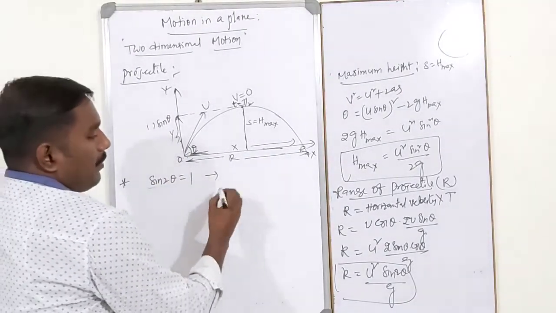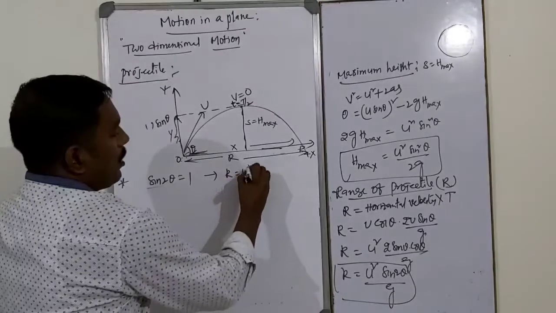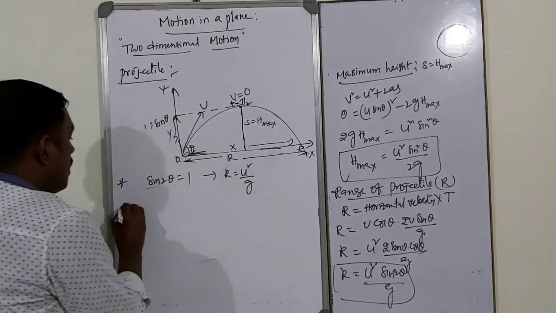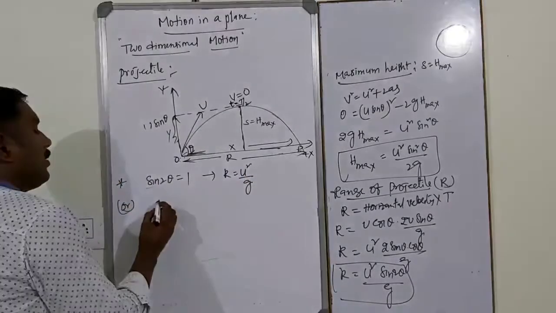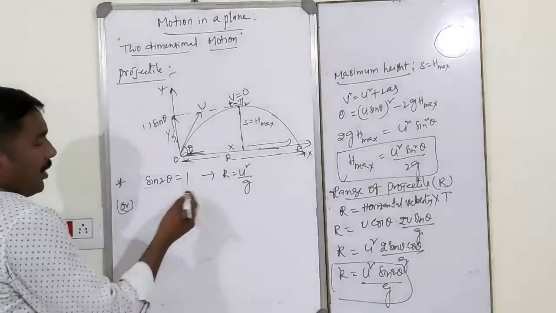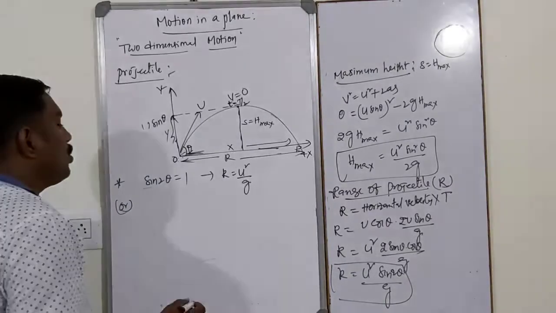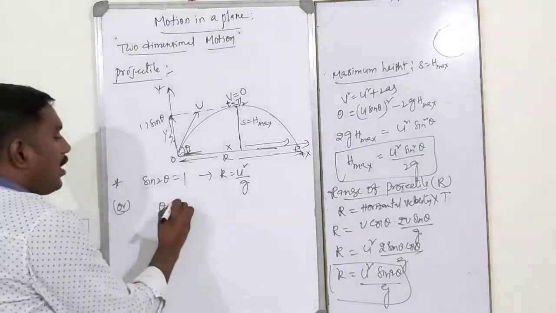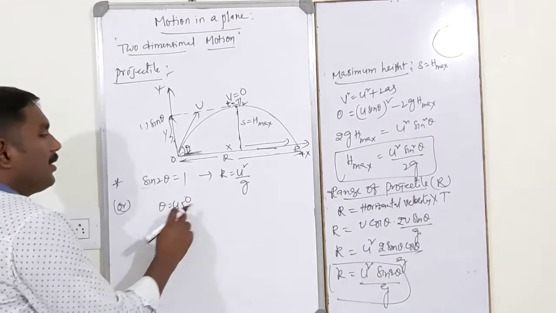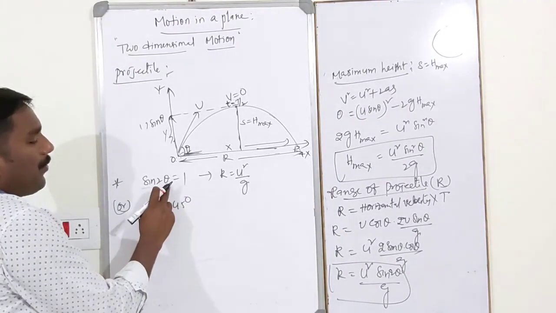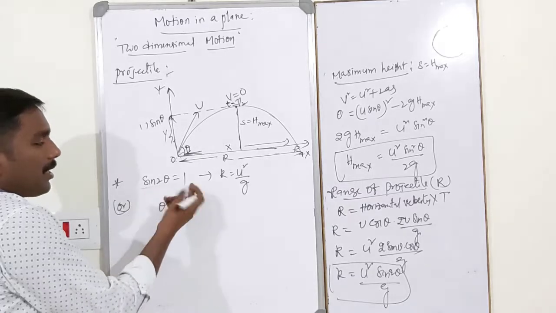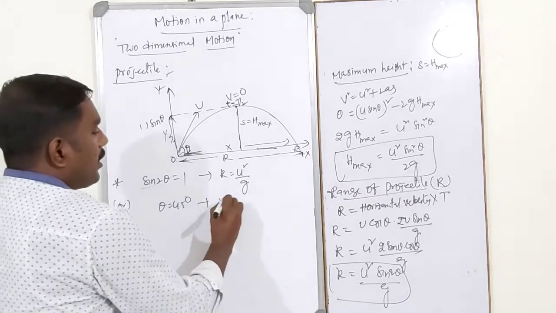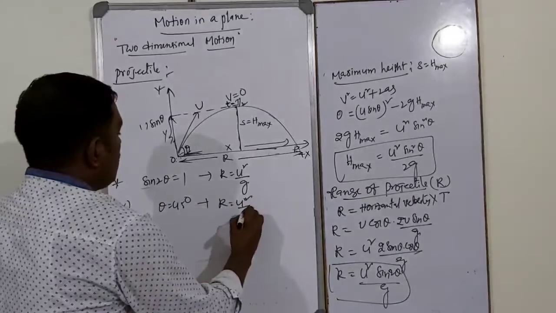Range is maximum, that is R is equal to u square by g. Sin 2 theta is equal to 1 means 2 theta is equal to 90 degree, so theta is equal to 45 degree. Range is maximum because 2 into 45 is 90 degree, and sin 90 is nothing but 1. Then in that case R is equal to u square by g.